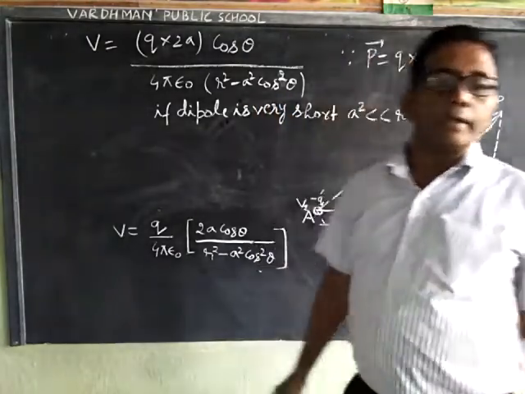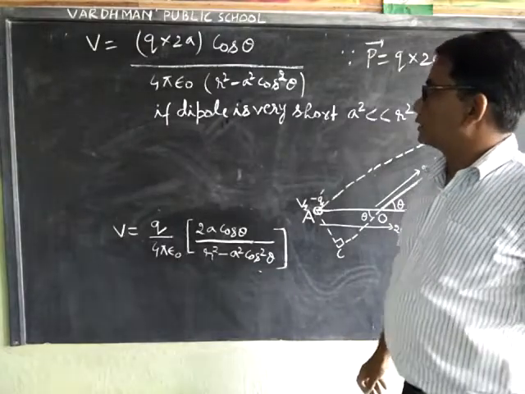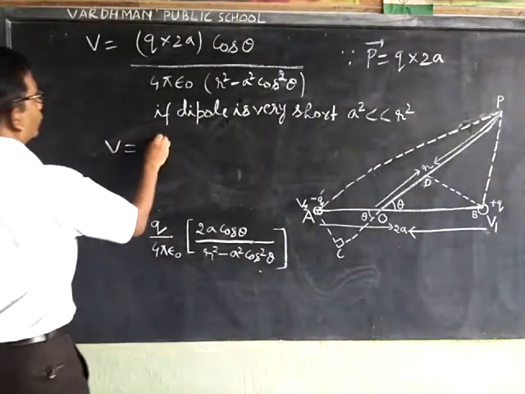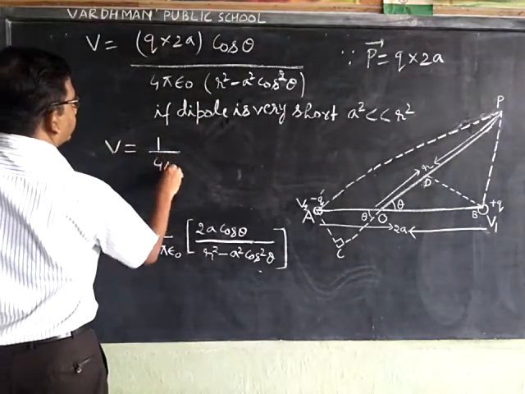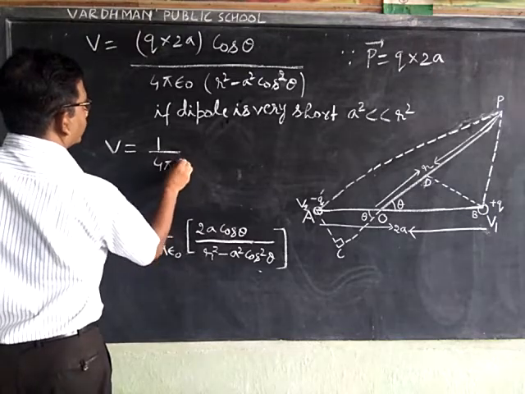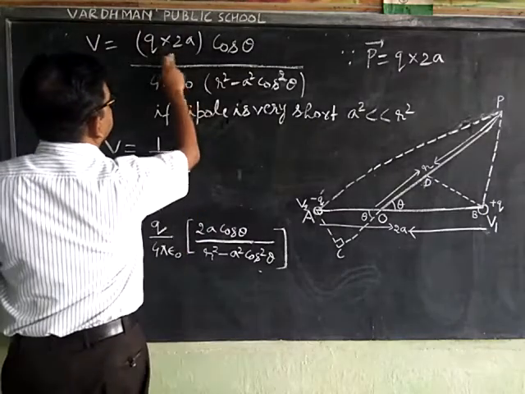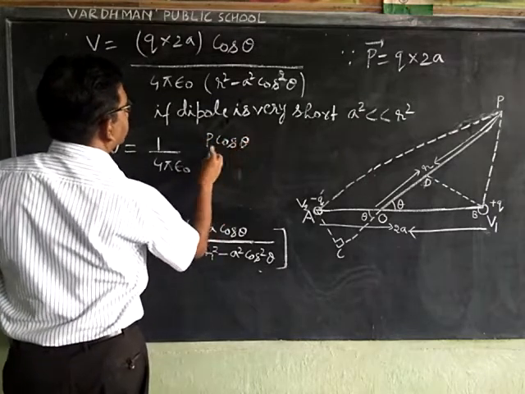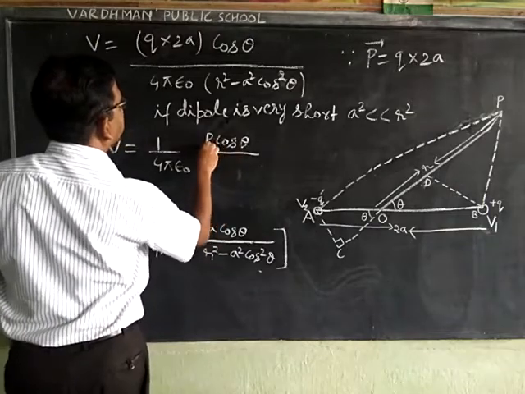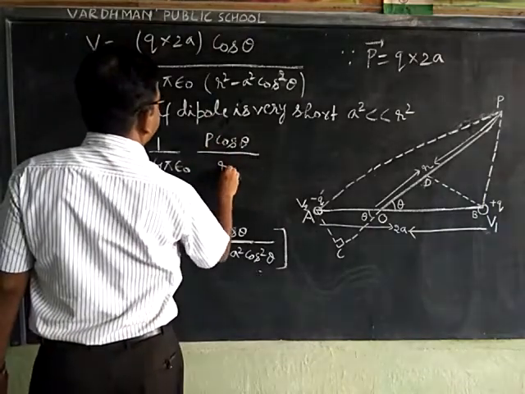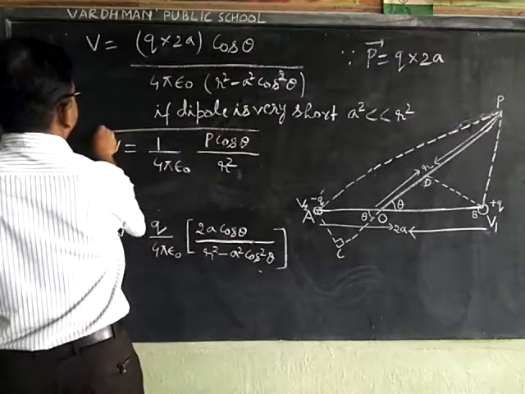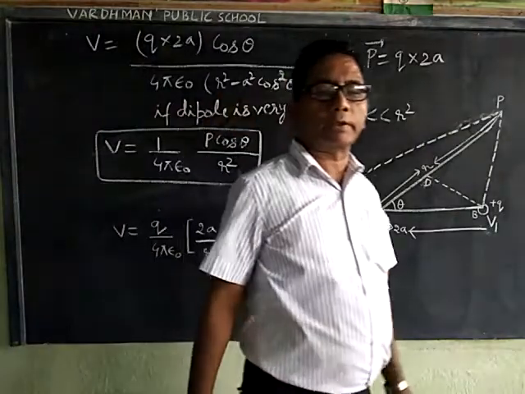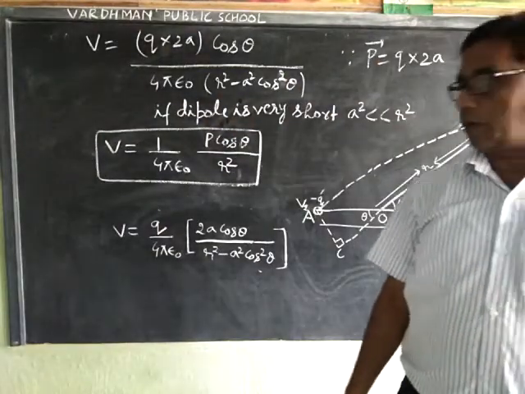Then V is equal to 1 upon 4 pi epsilon naught times p cos theta upon r square.